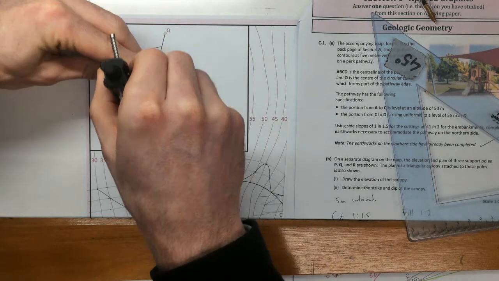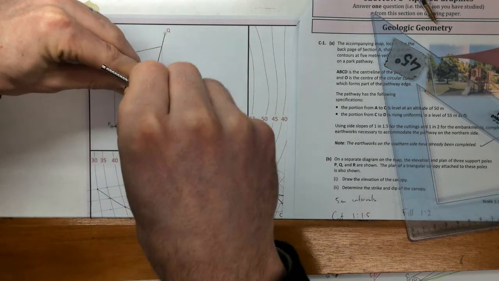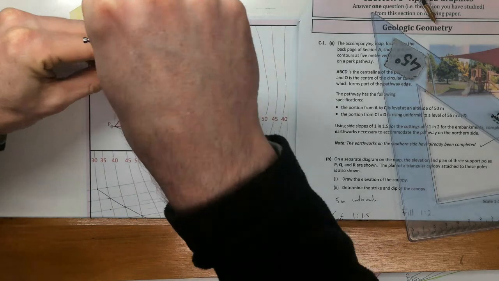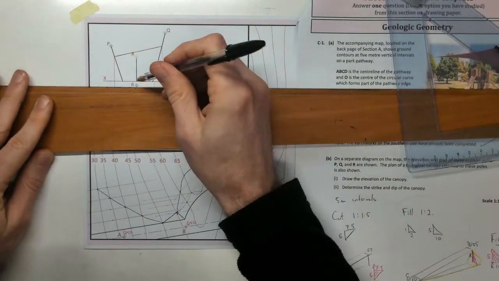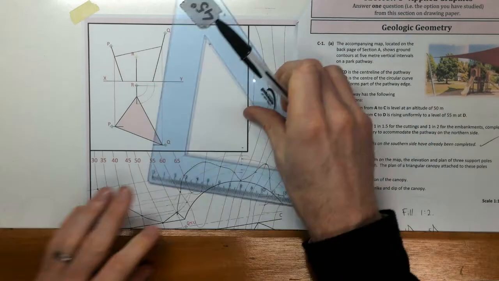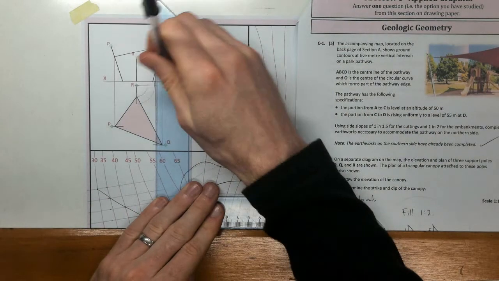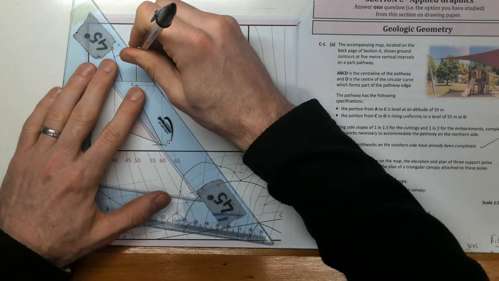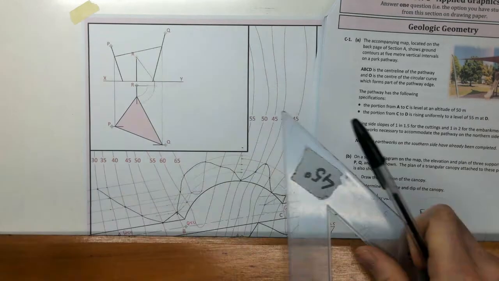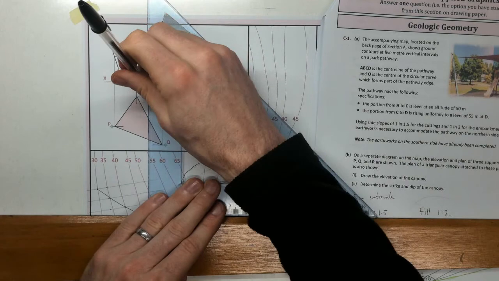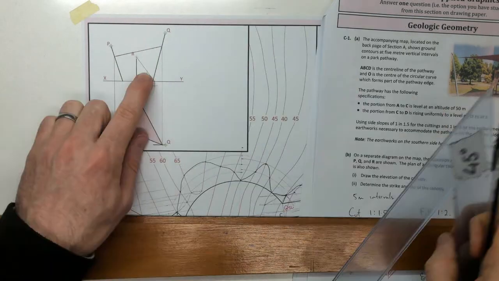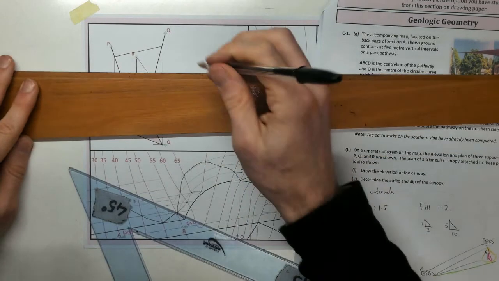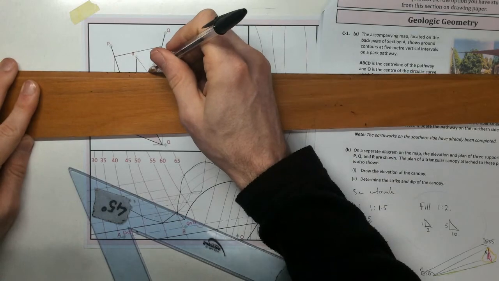I'm also going to rotate the position of the canopy because I need that. Okay, so this gives me the true length of pole R, and then that is where our canopy is on R. So I can bring that across there.